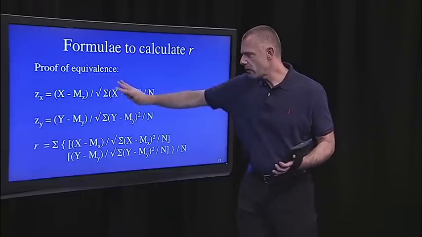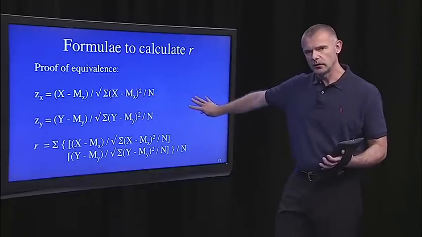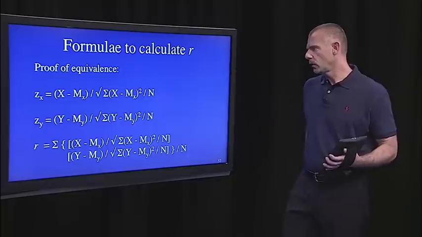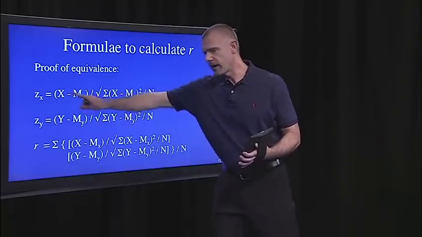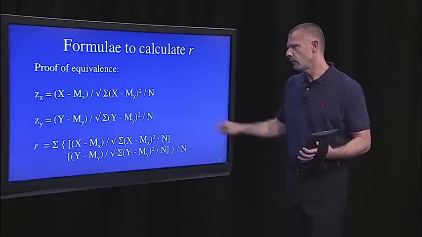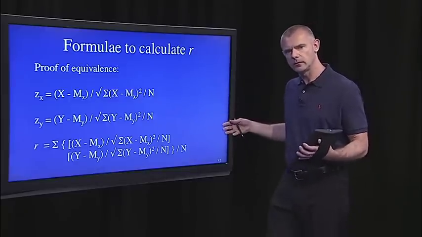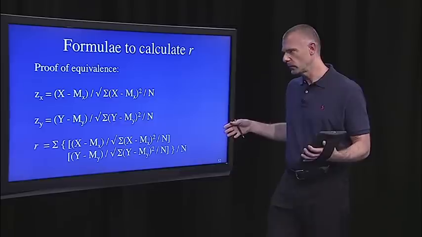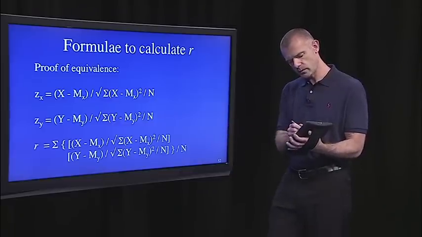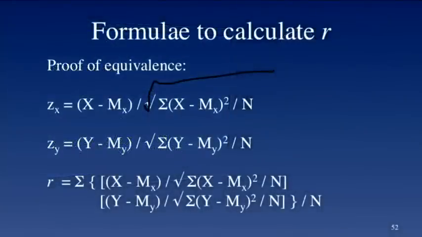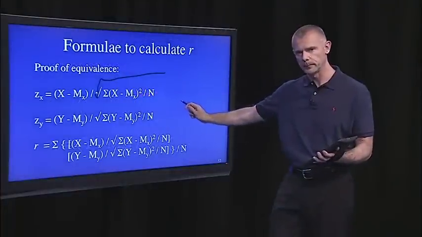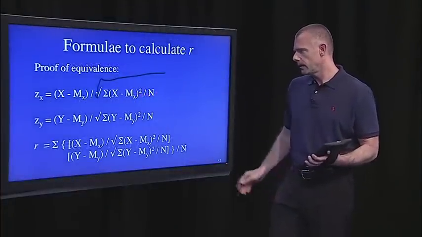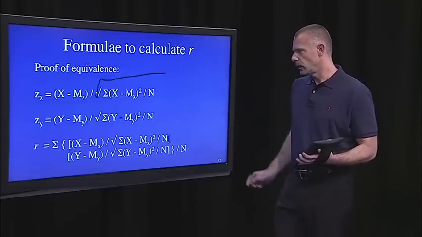So if I write out the z-scores in long form, what I have is still in the numerator x minus the mean, but in the denominator I've written out standard deviation in long form. So it's the square root of variance, which is sums of squares over n. That's standard deviation.